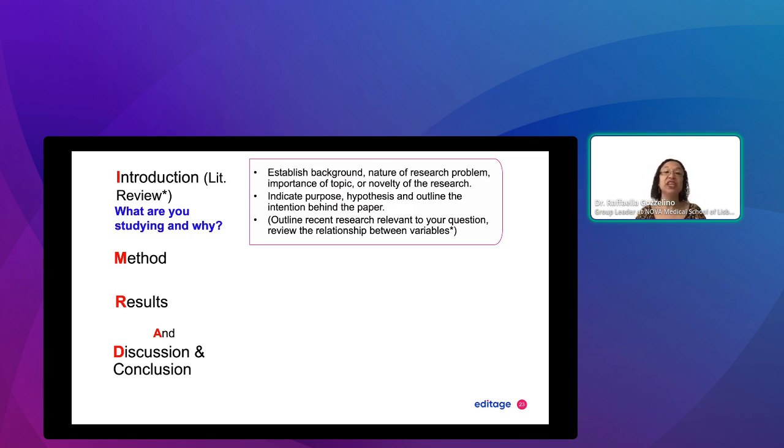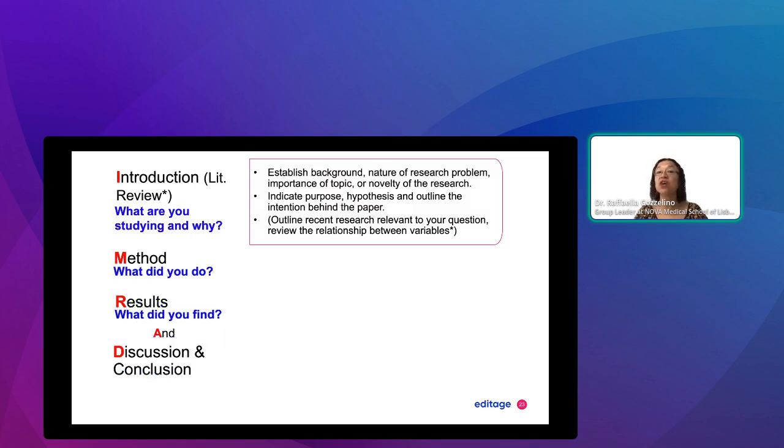And then you indicate, of course, the purpose of your study, the hypothesis, outlining also the intention behind the paper. So a sort of one sentence to describe the impact of that and the gaps that you are trying to address. And always outline the recent research that is relevant to your question and the relationship between the different variables. So this is what the introduction is about and what it should address.